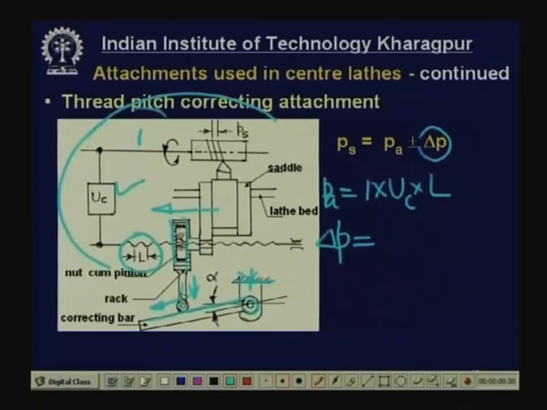How much? Suppose the total travel is equal to P S, the actual desired pitch, then what is the amount of downward movement of the rack? This will be equal to P S times tangent of alpha. What is alpha? This angle, the inclination of the bar. Now, because of this movement, how much will be the rotation of this pinion?